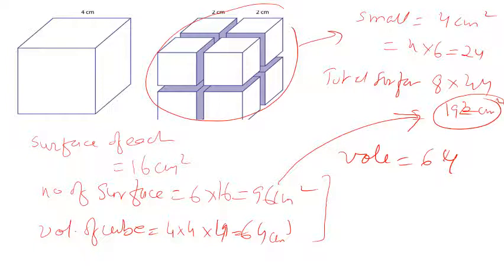Now just think about nanoparticles. If somehow by using any top-down approach you divide the bulk material into small pieces, what will happen? The volume will be same, but the surface can change enormously. If the surface changes, then the surface to volume ratio will be very high in the case of nanoparticles.